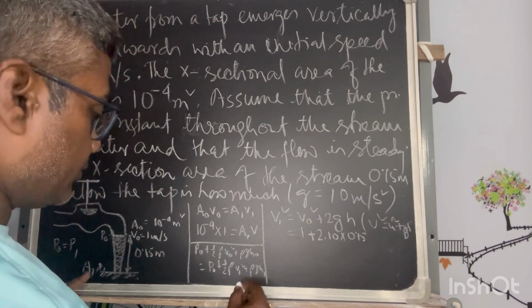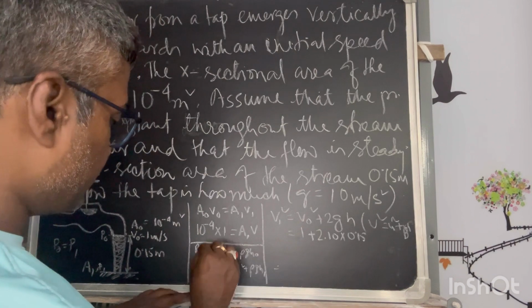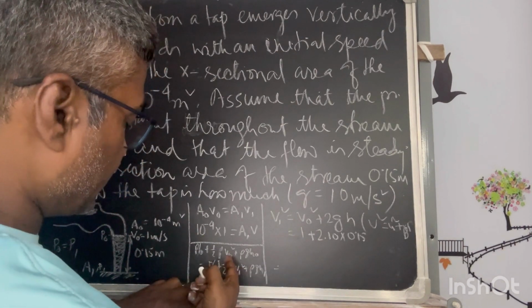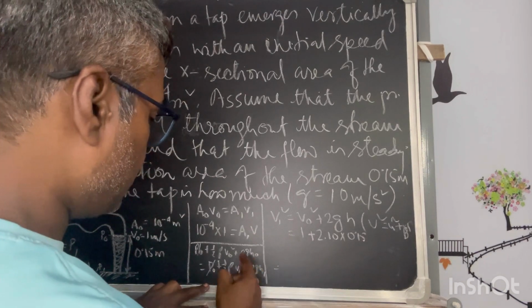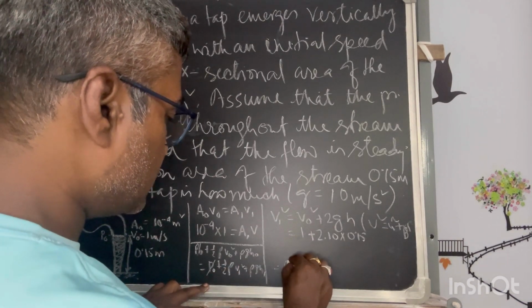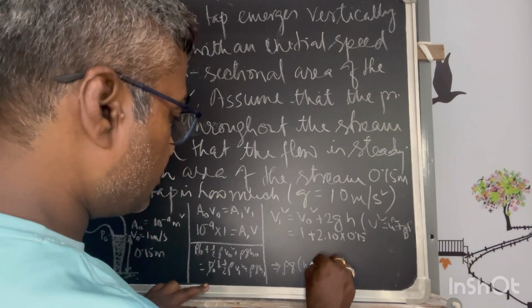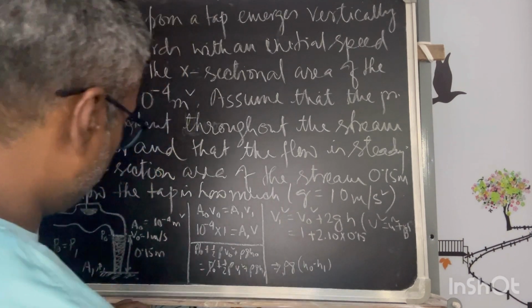Now if I arrange this, we are deducting, so I will move the pressure to one side, this rho g, what we will get is h0 minus h1.